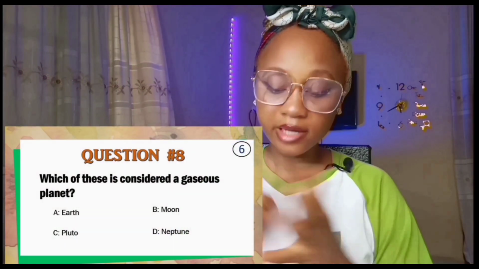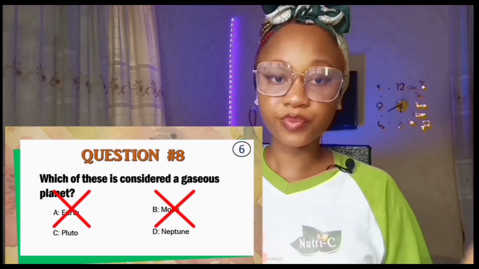Which of these is considered a gaseous planet? I've heard this before. It's obviously not Earth. Okay, Venus, Earth, Mars, Jupiter. Pluto is so far away. A gaseous planet. Moon is not a planet. So Earth is out, Moon is out. So remaining Pluto and Neptune. Pluto is like the farthest planet, right? Although they've discovered like two other planets.